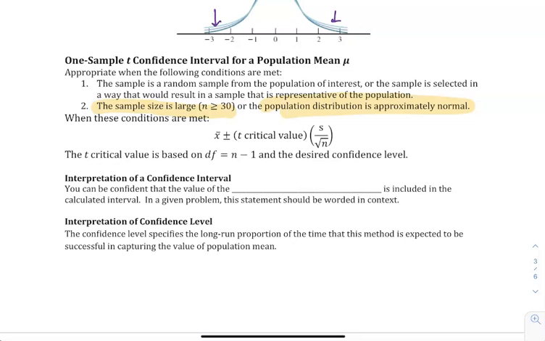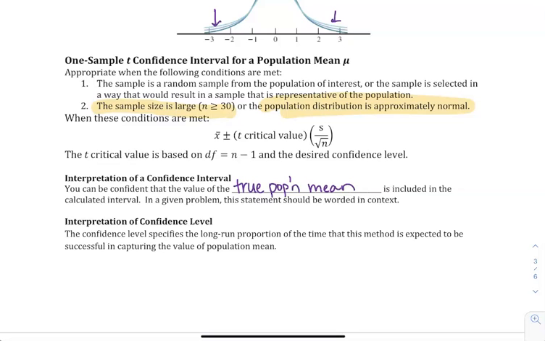It's just about mu this time. So we can be confident that the value of the true population mean this time is included in that calculated interval. So you would always want to put that somehow in context. And then the confidence level, just like before, is giving us the long run proportion of the time that our method is expected to be successful.